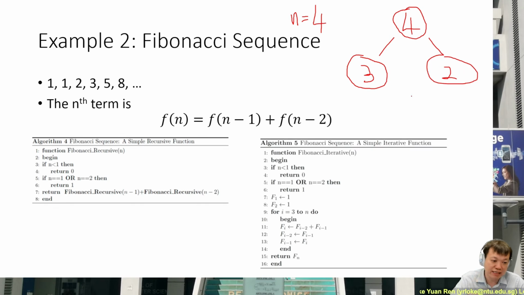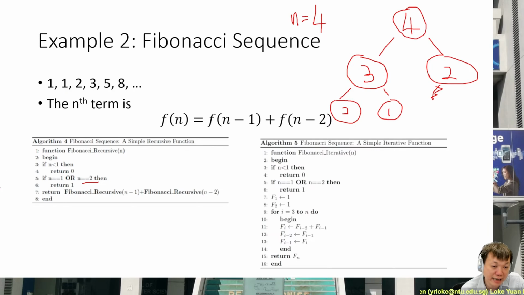You have 2 recursive calls. In each of the recursive calls, you need to do another 2 recursive calls, which is n equal to 2 and n equal to 1. Then this one will be another 1, 2. The 2 will return already, based on my algorithm.